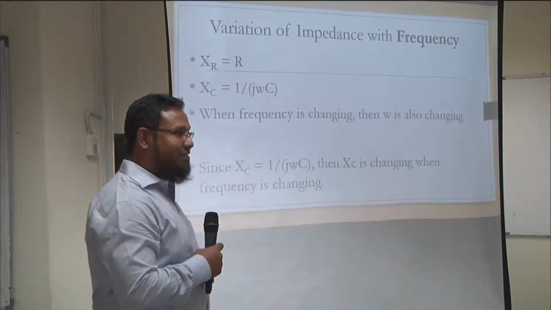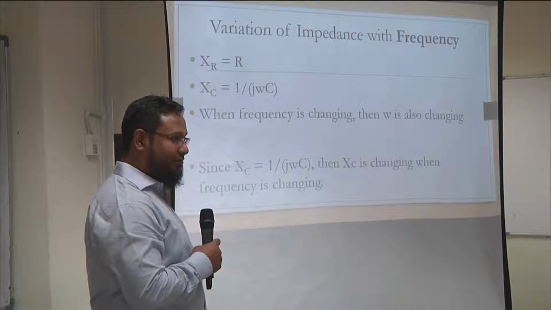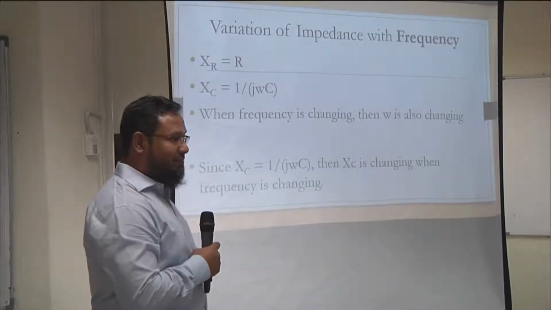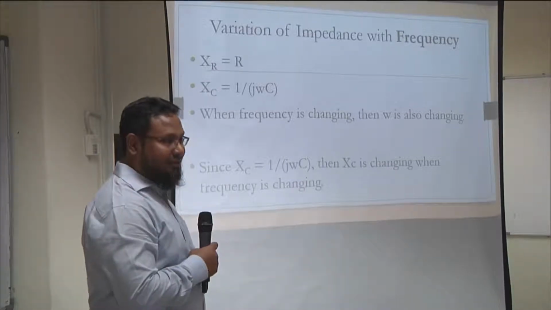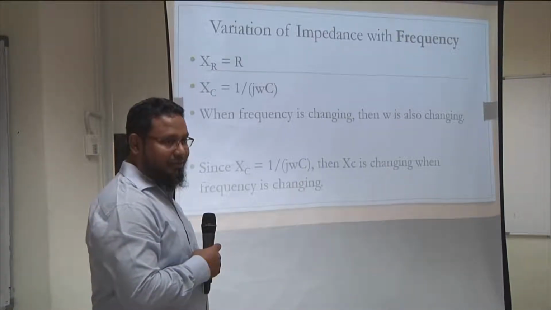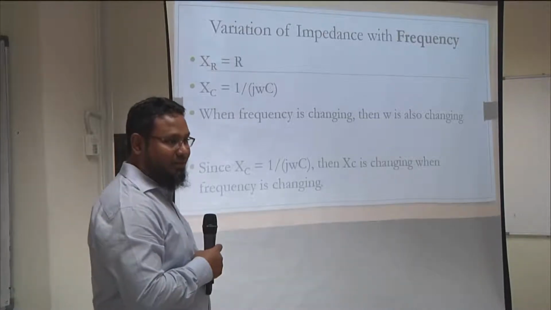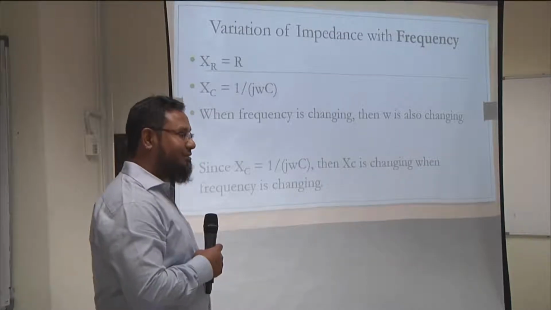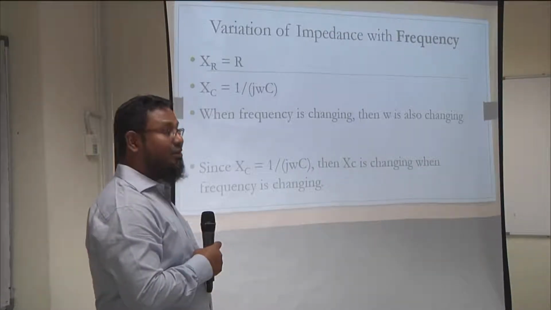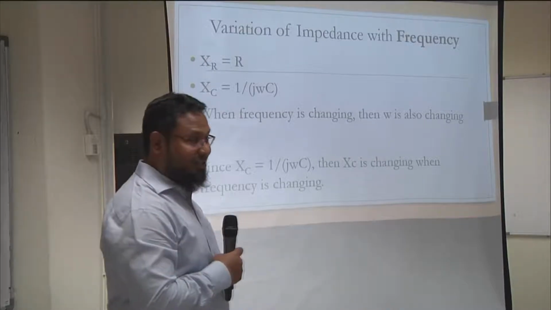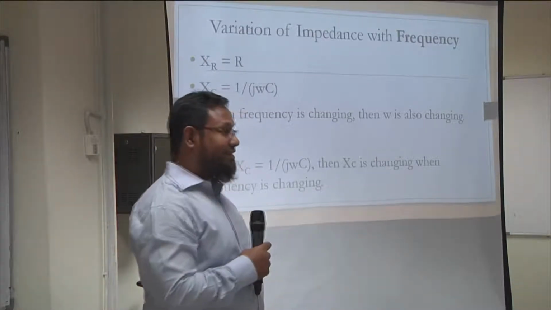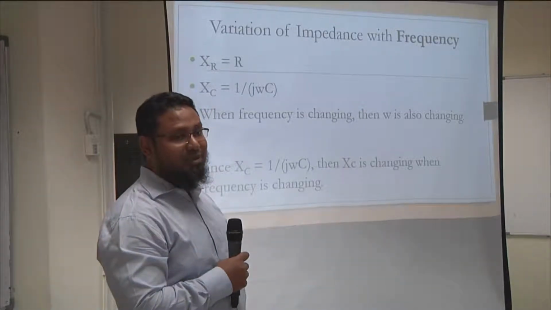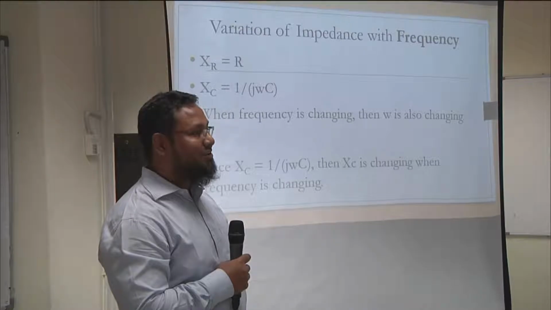In other words, it depends on omega, the frequency of the AC supply that you are dealing with. So if omega goes up, the impedance goes up because it's multiplied with L. What happens in the case of capacitors? It's negative j over omega C. Since omega C is in the denominator, when omega goes up, the impedance goes down.